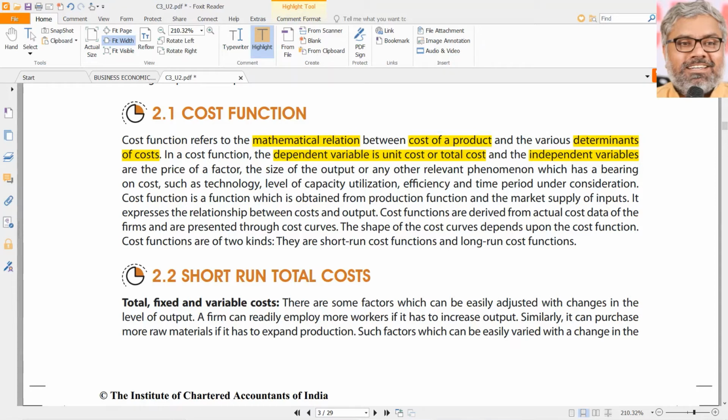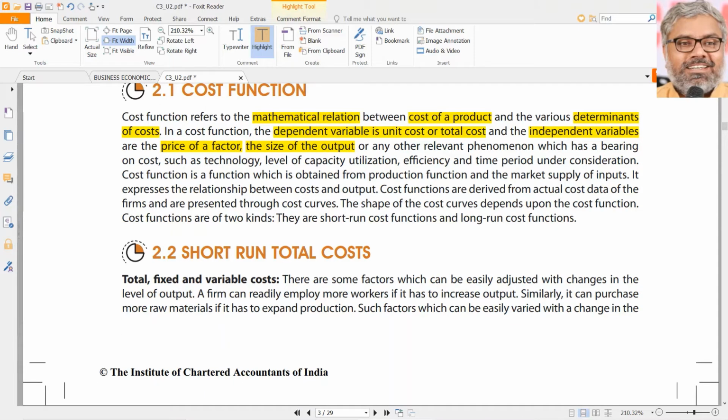That could be the price of the factors or size of the output or any other relevant phenomena which has an impact on cost, like technology, capacity utilization, efficiency, or the time period under consideration. All these things will have impact on the cost. But majorly, the relationship between various determinants of cost and cost itself is what is called as cost function.